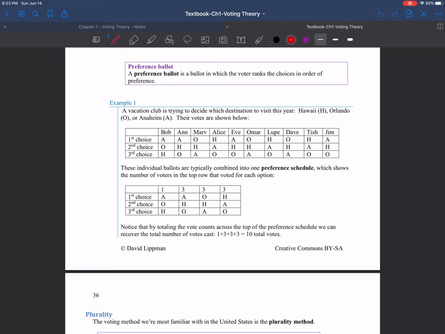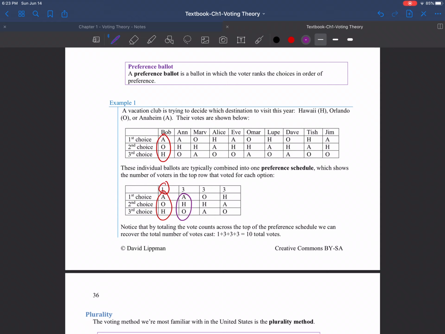Now, what we want to do is organize their votes. For example, if you look at AOH, Bob is the only person who prefers Anaheim first, followed by Orlando, followed by Hawaii. That's why there's one right there. That's representing Bob.